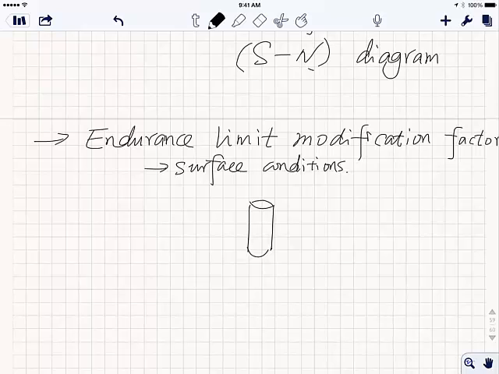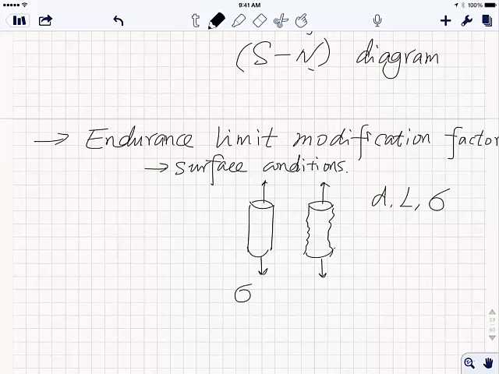They have the same diameter, the same length, and the stress applied is of the same magnitude. So if I say this one has a tensile strength of sigma TS prime, this one has a tensile strength of sigma TS double prime.